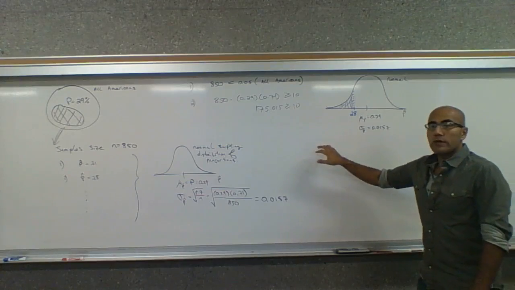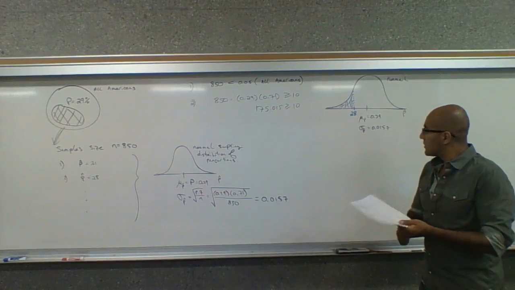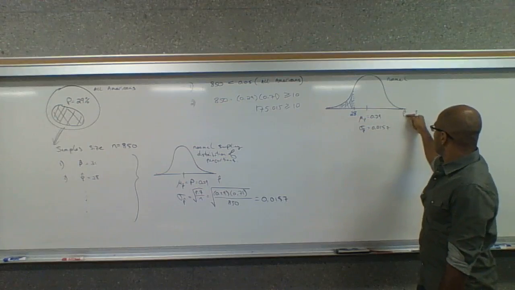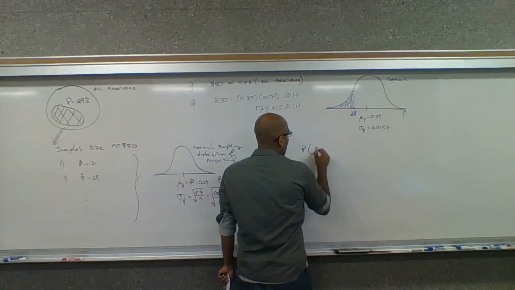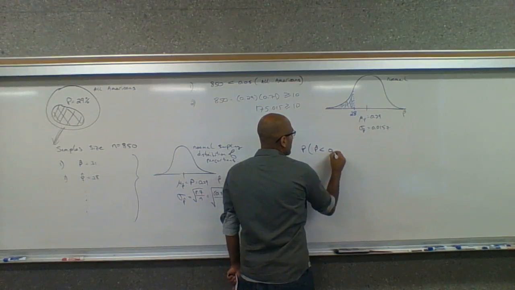Okay. So what is the probability statement that we want to write? To find that, right? This is the variable, so it's the probability that p hat is less than 0.28.